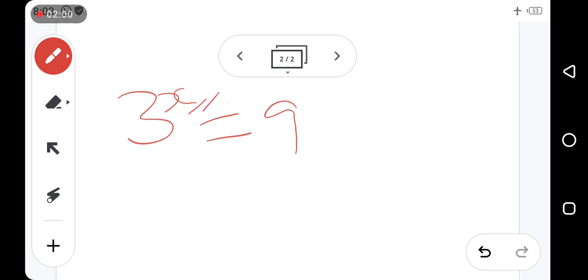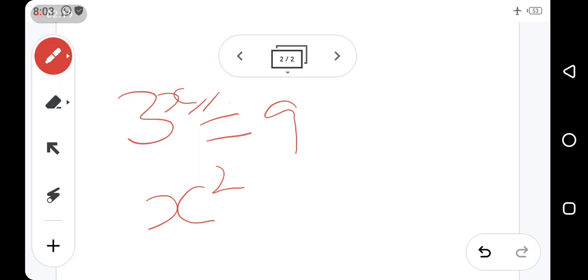So this is an example of an exponential function. But also in exponential function, the base can also be the unknown, meaning that you can also have x raised to power of 2. So in exponential function, either the base or the power can be an unknown.